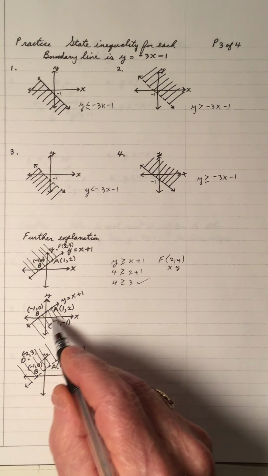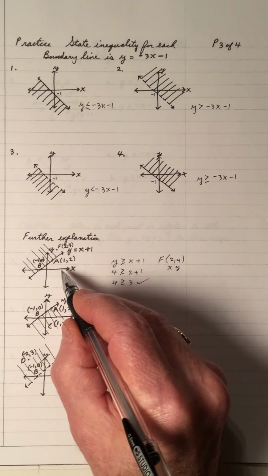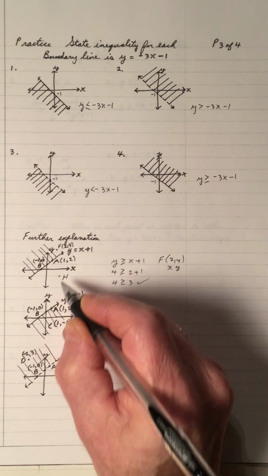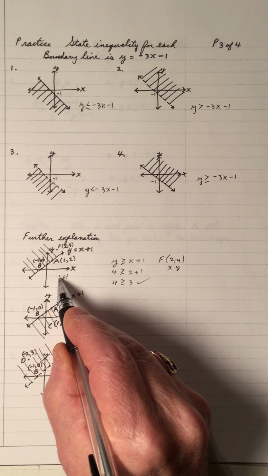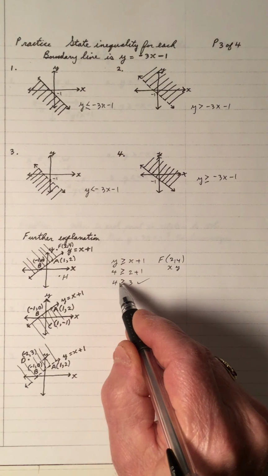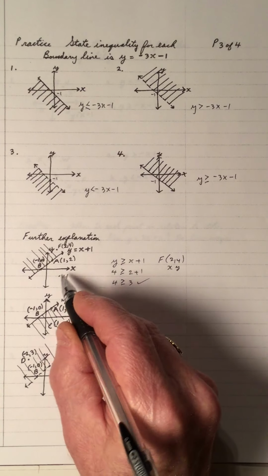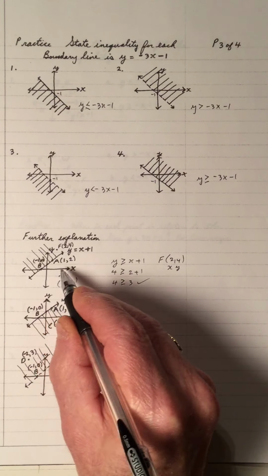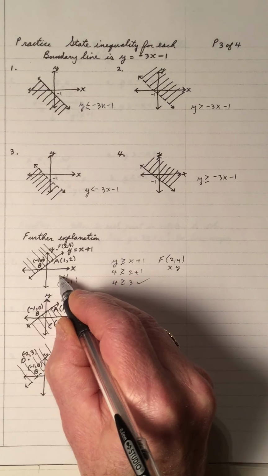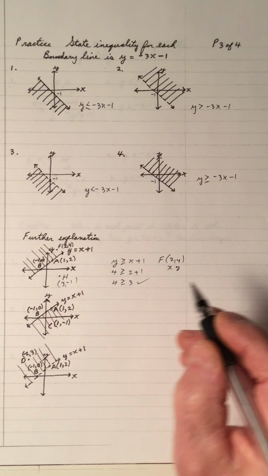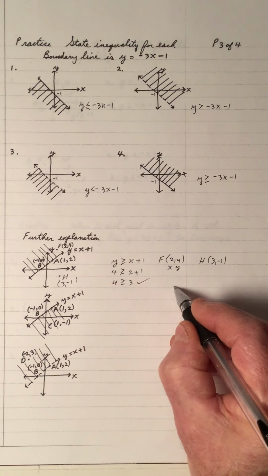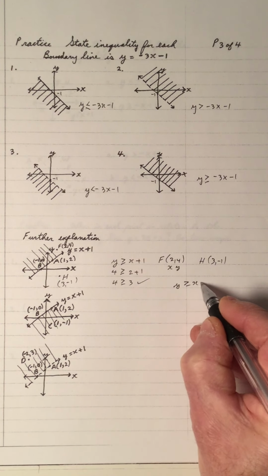And let's look at this one. Also, if you take any point down here, let's say we took this point, called it H. If I gave you the coordinates of H and plugged H into here, the coordinates of H would make this false. So just to do that, let's say X is 3, and let's say Y is -1. Just pretend. Let's plug H, which is 3, -1, into the inequality.